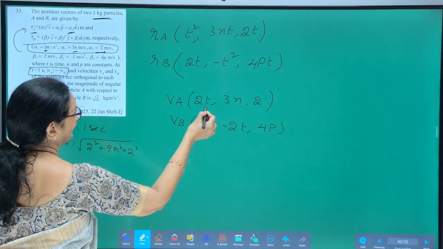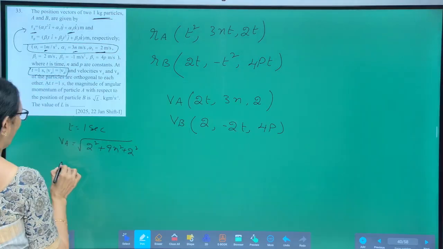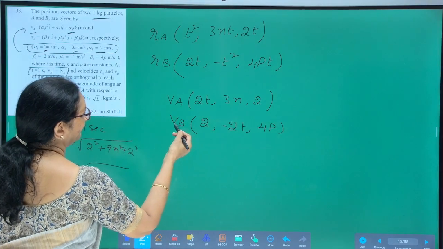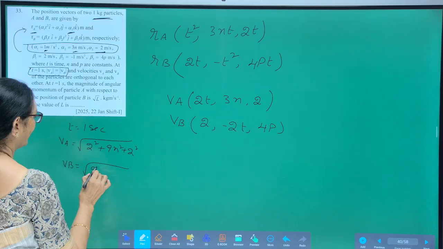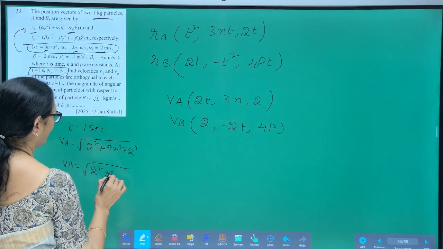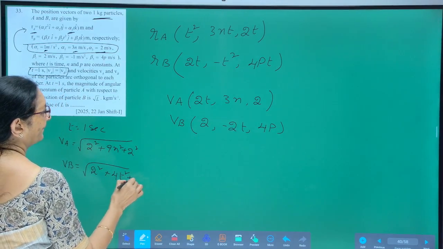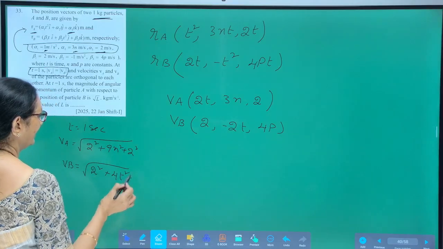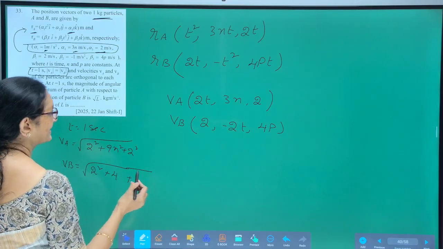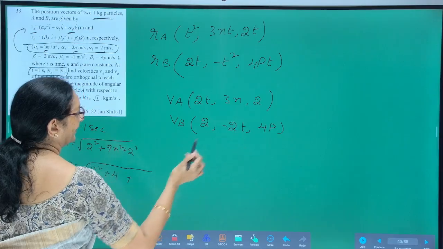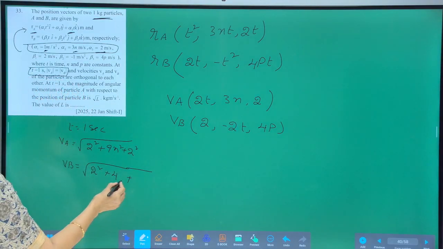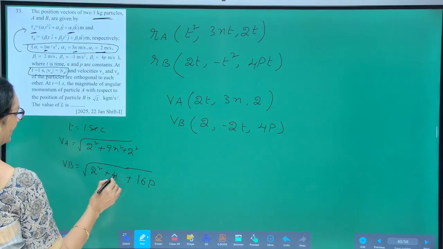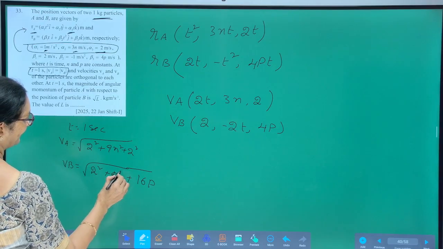And similarly, magnitude of velocity of B is 2 square plus 2t whole square, 4t square plus 4p whole square, which is 16p square.